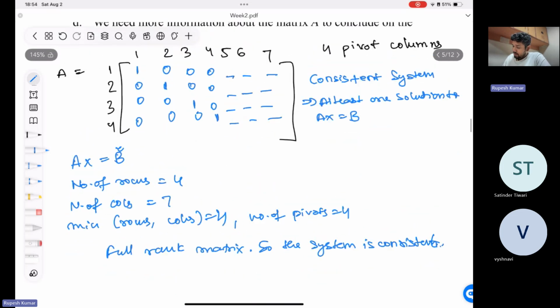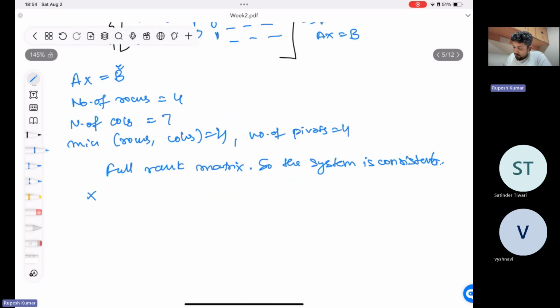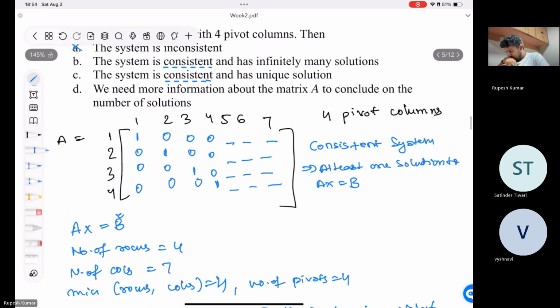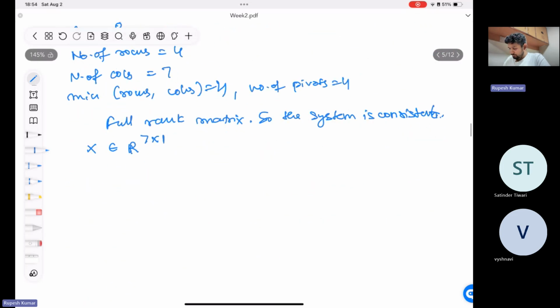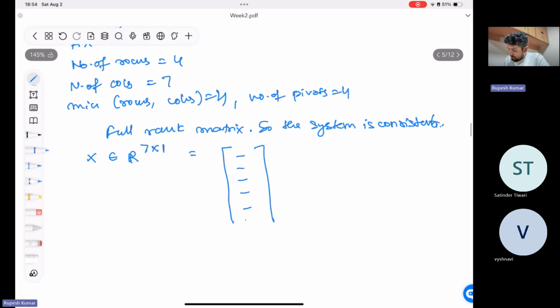For this we will have to look into the vector x. Vector x will have dimensionality 7 cross 1, so it has 7 elements: 1, 2, 3, 4, 5, 6, 7.